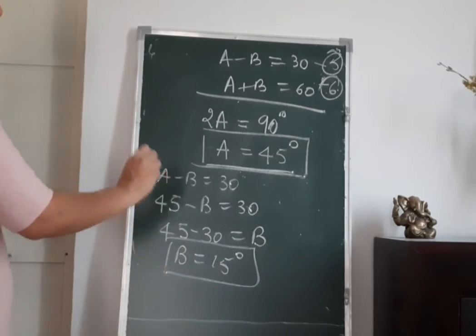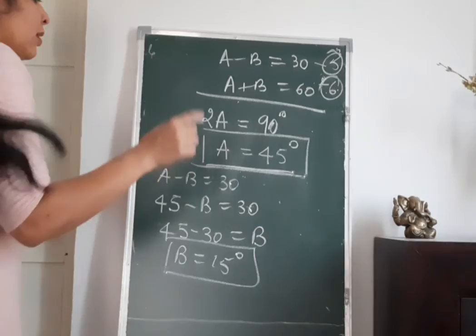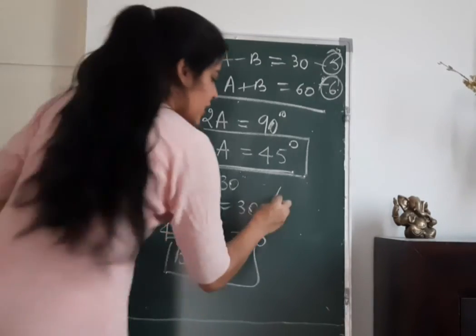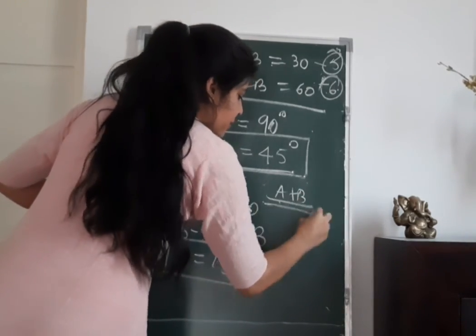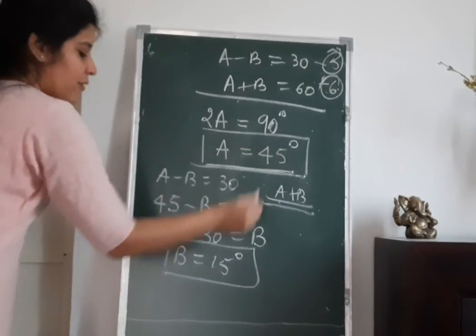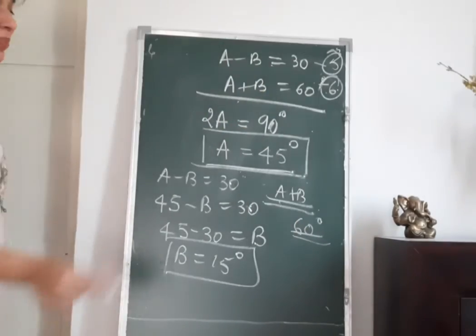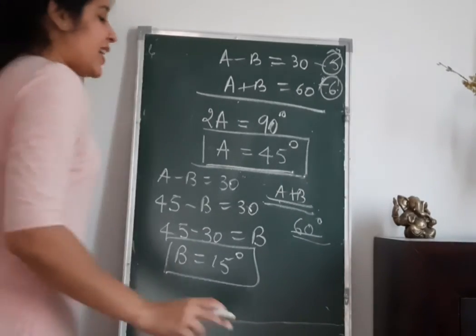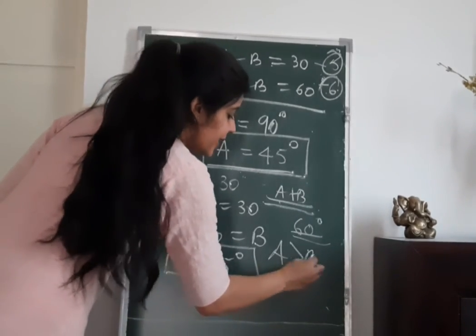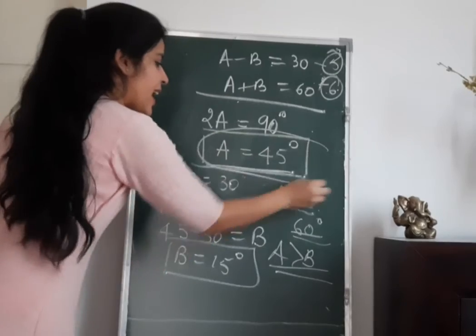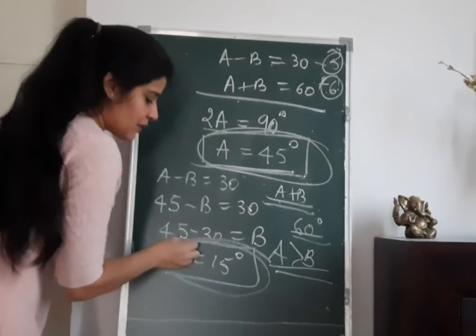Are these values satisfying the conditions given in this question? Is A plus B between 0 and 90 degree? Yes, 45 plus 15 is 60 degree, so it is between 0 and 90 degree. Second, is A greater than B? Yes, A is 45 degree and B is 15 degree.